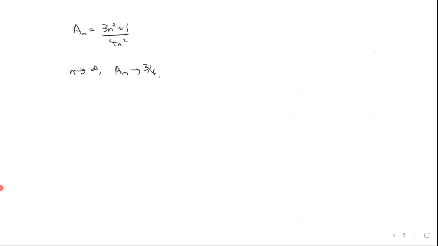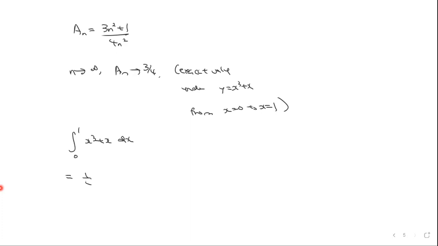We're expecting that to be the exact value under the curve y equals x cubed plus x from x equals 0 to x equals 1. So in other words, we're expecting the integral from 0 to 1 of x cubed plus x dx to hopefully equal 3/4. So let's take a look. It'll be 1/4 x to the power 4 plus a half x squared, from 0 to 1, which is a quarter plus a half, which is indeed 3/4. So that check works out.